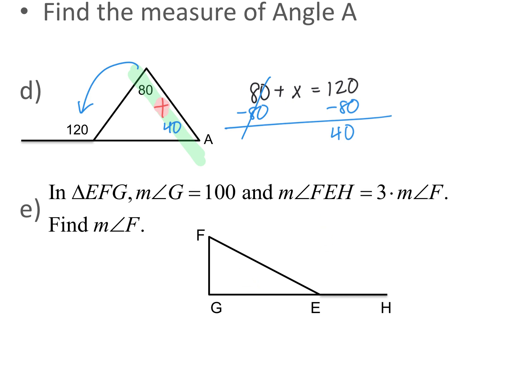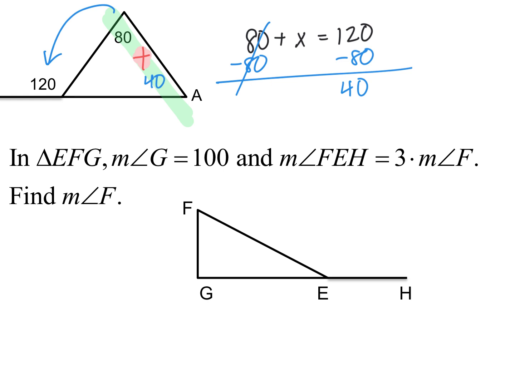All right, let's go ahead and answer this question. It says in triangle EFG, so they're talking about this triangle. The measure of angle G, so they're telling me G equals 100 degrees. Keep in mind how they're writing this: the measure of angle FEH.